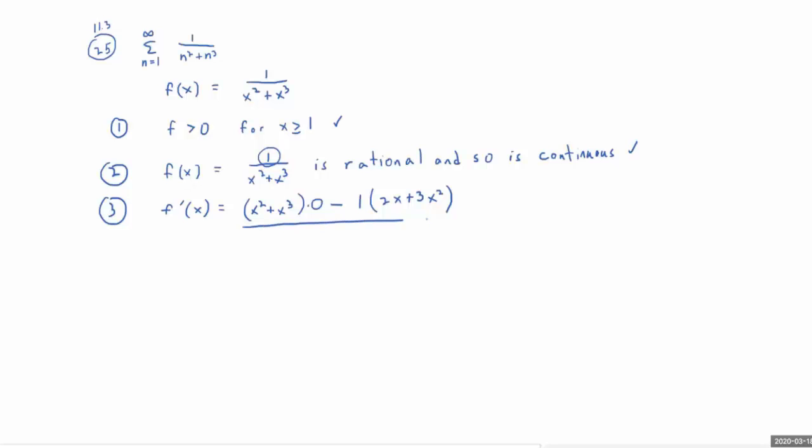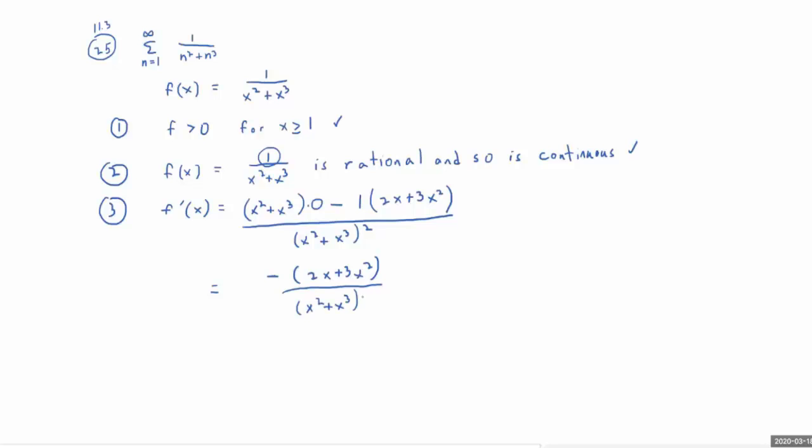X squared plus x cubed all squared. Okay, and then if you simplify this, it just becomes negative 2x plus 3x squared over x squared plus x cubed, the whole thing squared.